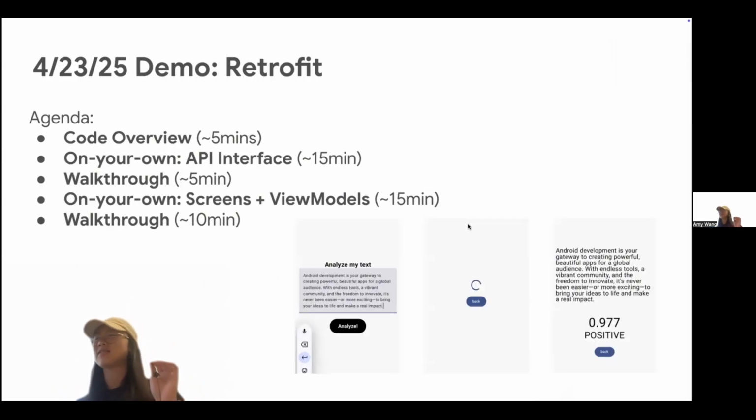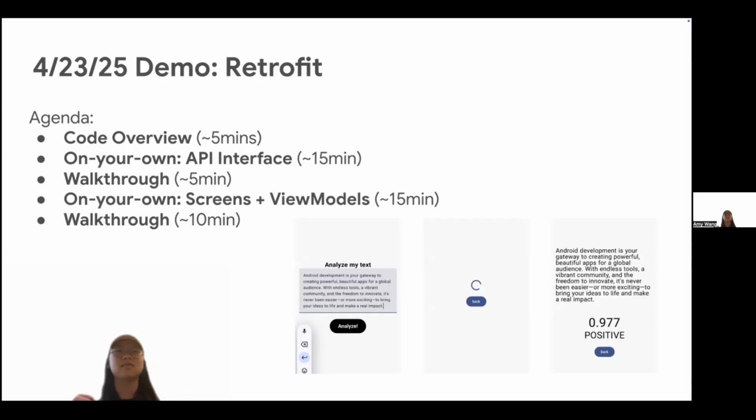Okay, and then for today's demo, we're going to be practicing with Retrofit. Again, this is working with fetching data from a server. More specifically, I will be demoing using an API from API Ninjas. That's going to be a sentiment analysis.